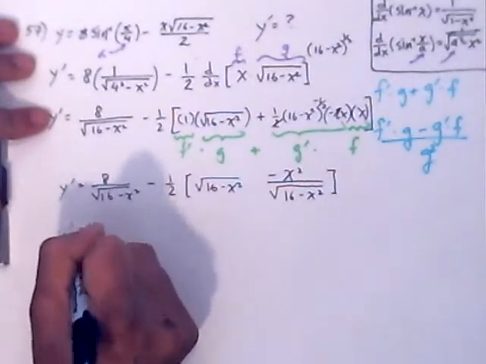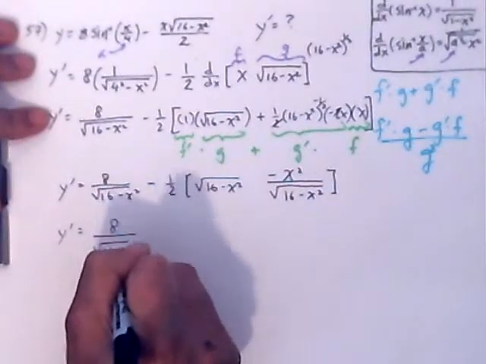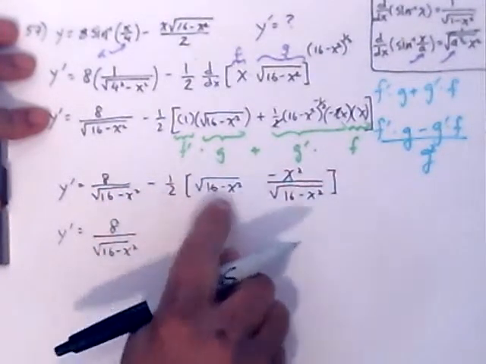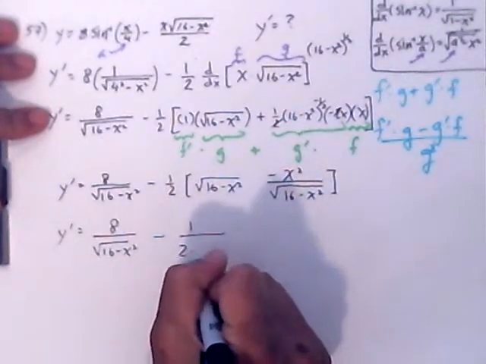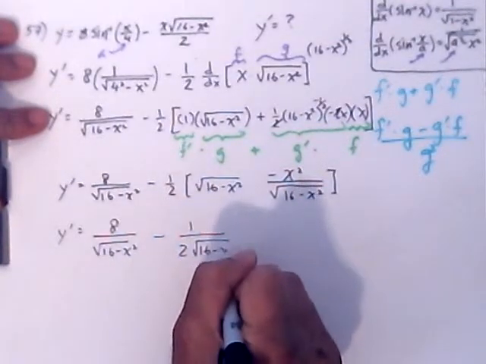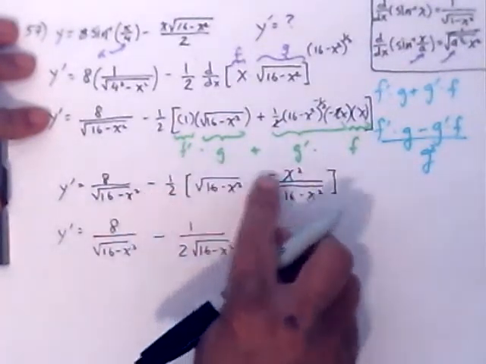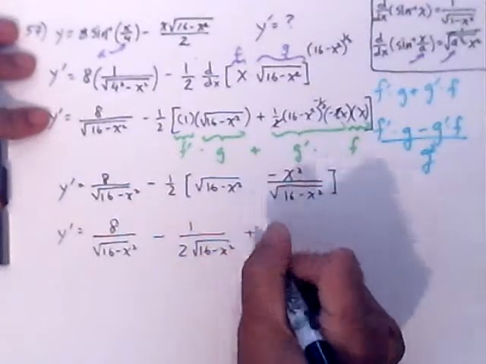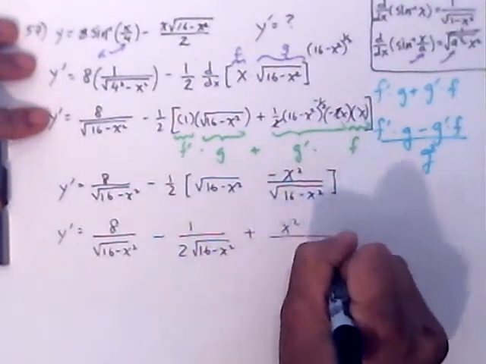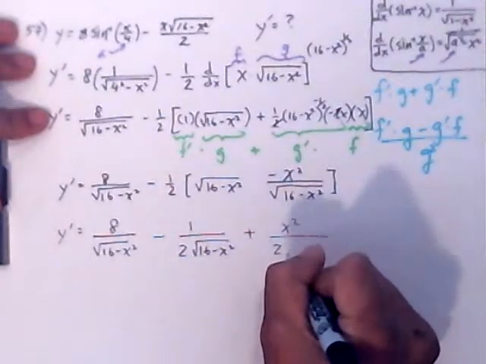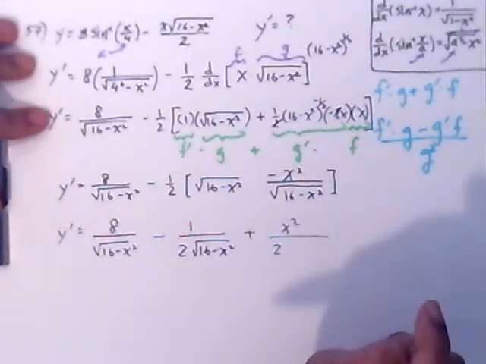So y prime is equal to 8 all over square root of 16 minus x squared. I'm going to distribute the 1/2, minus 1 over 2 square root of 16 minus x squared. And then, since there's a minus and a minus, it's going to be a plus x squared all over 2. Excuse me, let me see.